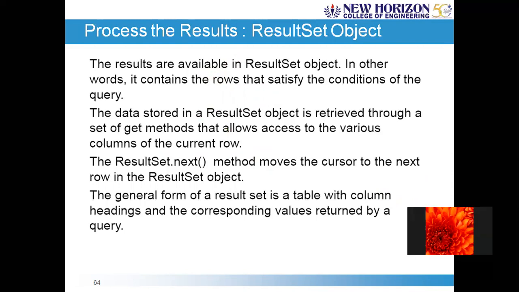The data stored in a result set object is retrieved through a set of getX methods, which allow access to the various columns of the row, that is result set dot next, previous. This is what we explained. And the general form of the result set is a table with the column headings and the corresponding values returned by the query.